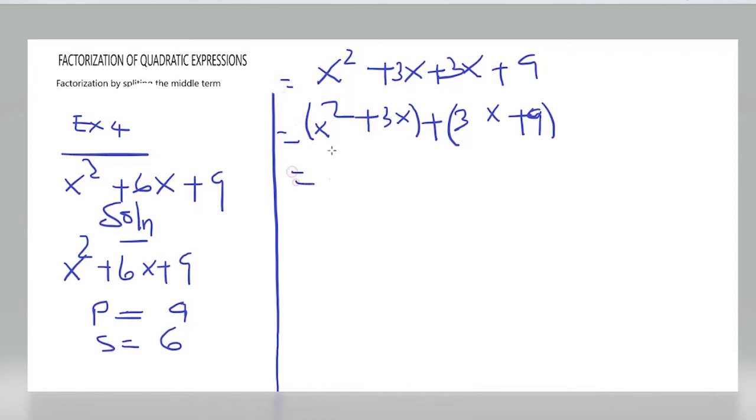Now this one will be equal to: take x outside the bracket, and then going x plus 3, then plus, take 3 outside the bracket, then it will be equal to 3. Then inside I'm going with x plus 3.